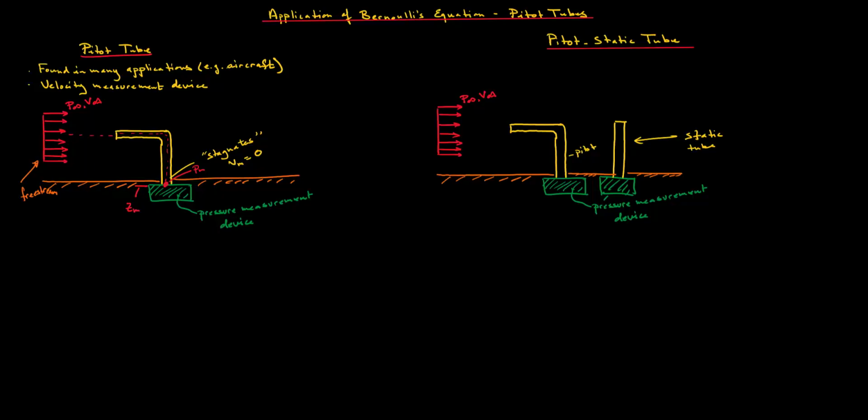So let's apply Bernoulli's equation along this streamline, which enters the pitot tube. Along this streamline, we're going to have P infinity plus 1/2 rho V infinity squared plus rho G Z infinity, where Z infinity is this height over here.